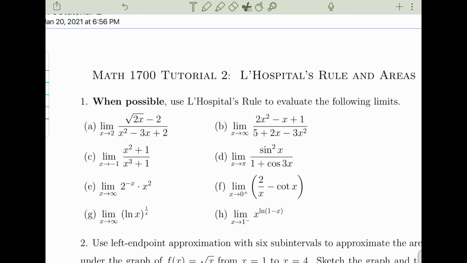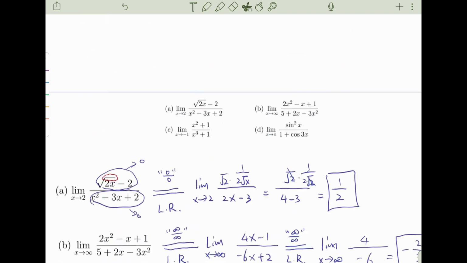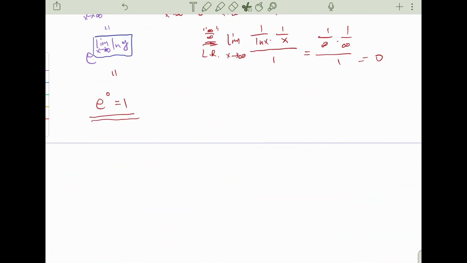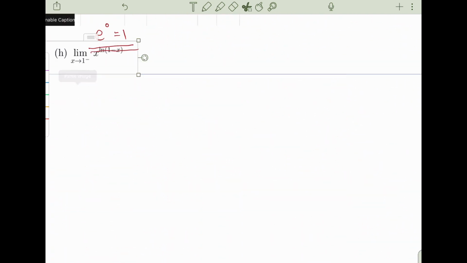So now let's take a look at the last question. So this expression is difficult, so we let this equal to y.